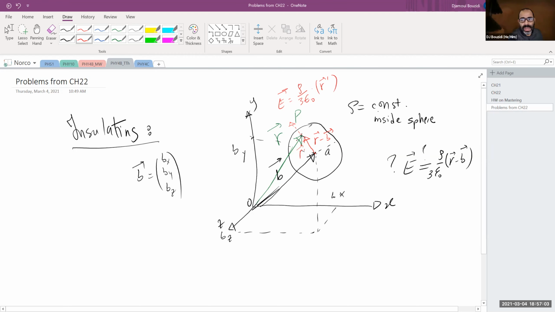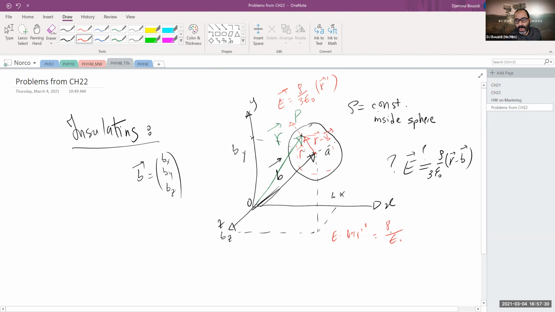If you don't trust this, all you have to do is invent a sphere of radius little r prime, and you argue that the electric field is radial and uniform throughout that sphere because of the spherical symmetry. If you spin it one way, it doesn't change. So E times the area, 4 pi r prime squared, must be equal to the charge enclosed divided by epsilon naught.